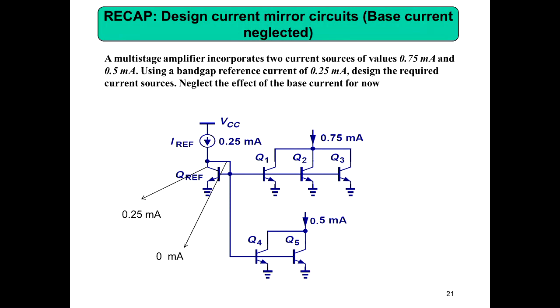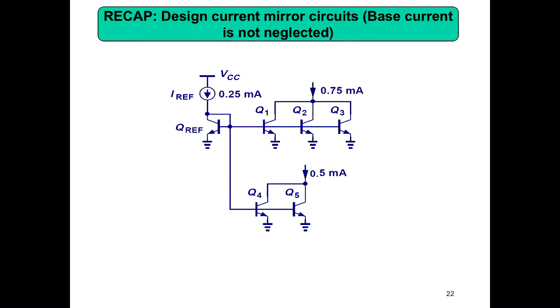Suppose 0.25 milliamps is your golden reference, and then maybe only 0.20 milliamps you are getting here. The remaining it will be taking for biasing these transistors.